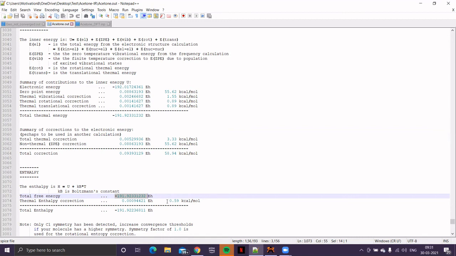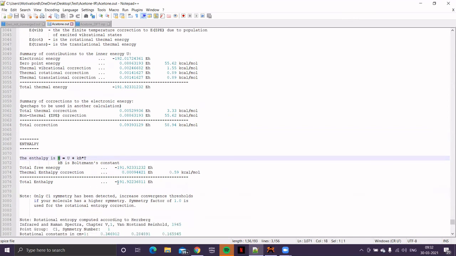So RT will be 1.98 into 10 power minus 3 into 298.15. You'll get the value 0.59 kilocalorie per mole. So that's the thermal correction to the internal energy to obtain the enthalpy. So this value plus that RT, you get the enthalpy.